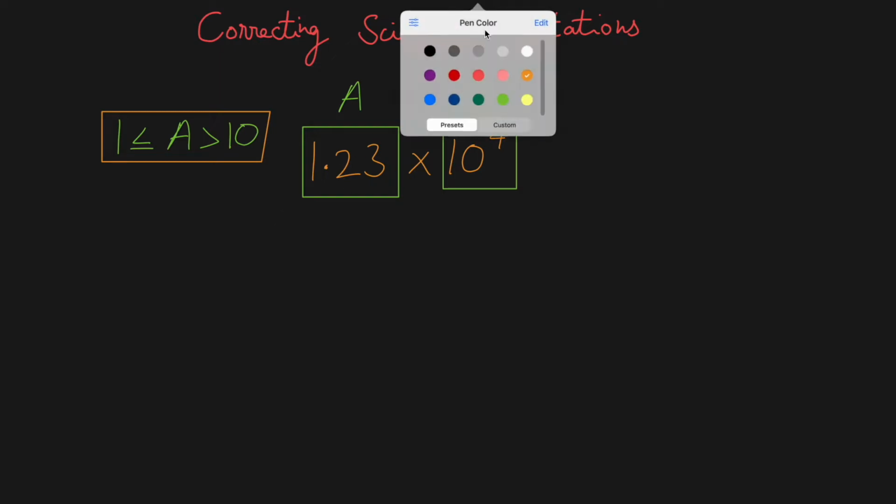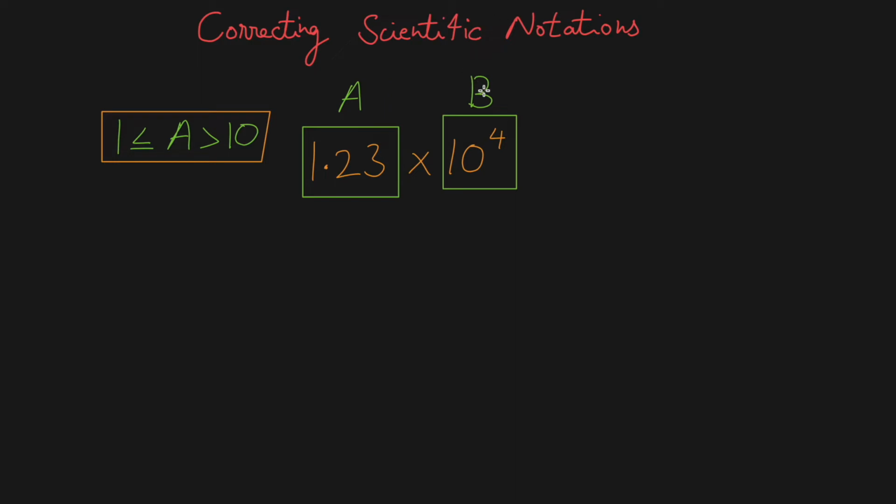In the case of part b, the most important thing is the tens exponent, or tens power. The whole main thing depends on the exponent. The exponent should be an integer. It doesn't matter whether it's positive or negative, but it should be an integer.